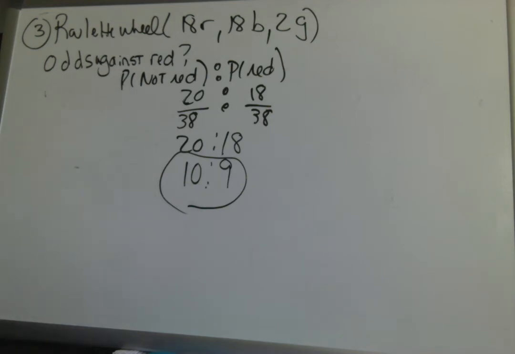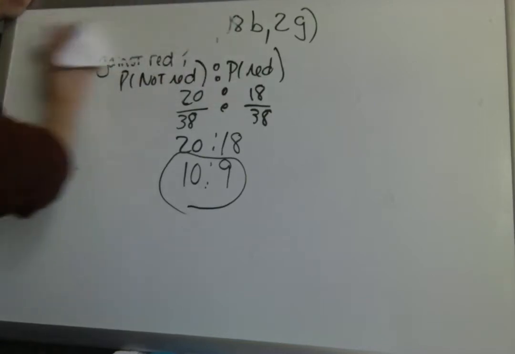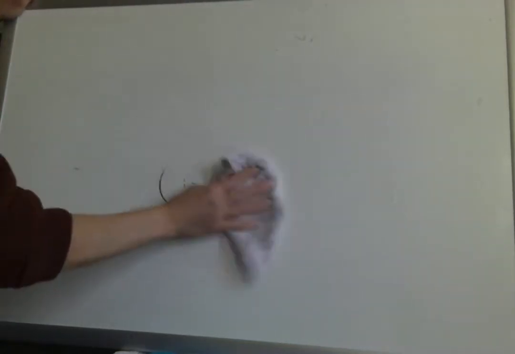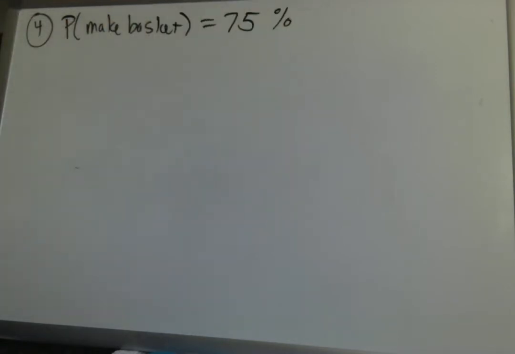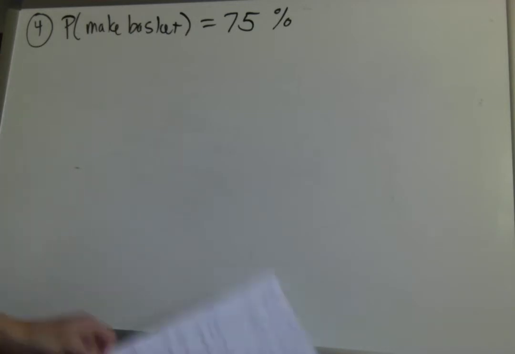All right, let's do one more. I stole this from the book. At first it looked complicated, but it's not. They were talking about a basketball player. The probability that this particular player makes a basket is 75%.